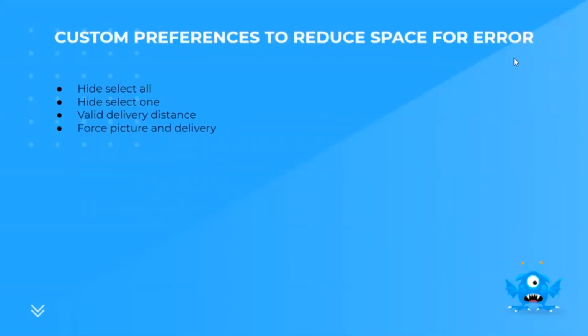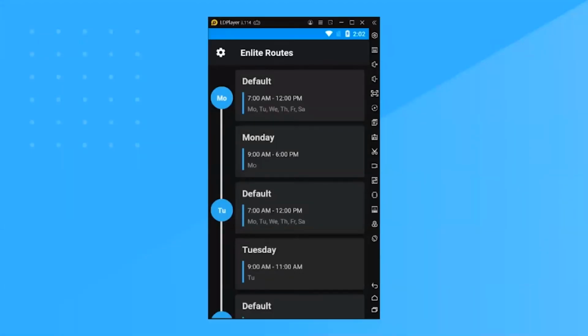After we have discussed those screen views, I would also like to share about custom preferences to reduce space for error. In here we have settings wherein we can hide select all and hide select one, valid delivery distance as well, and force picture and delivery.